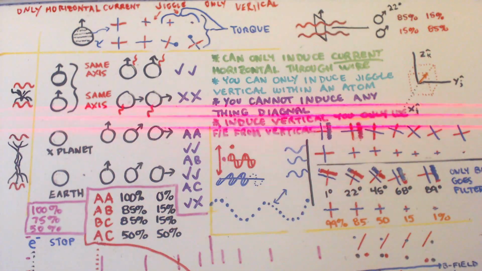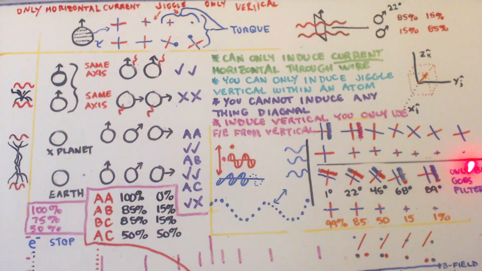You can see right here, he still created a B field, so he still has torque. As long as his B field oscillation is close enough, like down here instead of up here, it will get through. So your probabilities get reset each time you do the experiment.